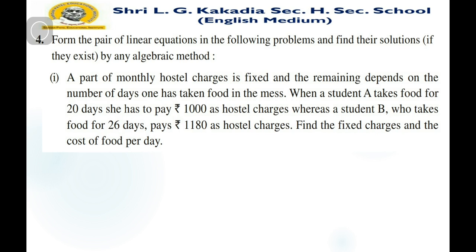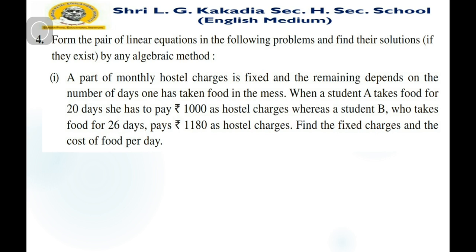So there is one hostel. If you buy the food on the first day, then there is a fixed rate. And for the remaining days, after that, if you buy food, it depends on a per day charge.